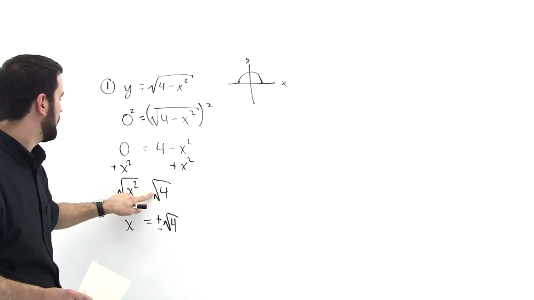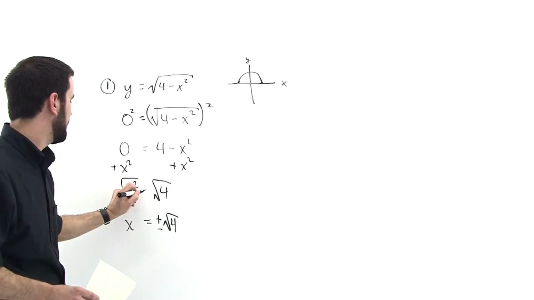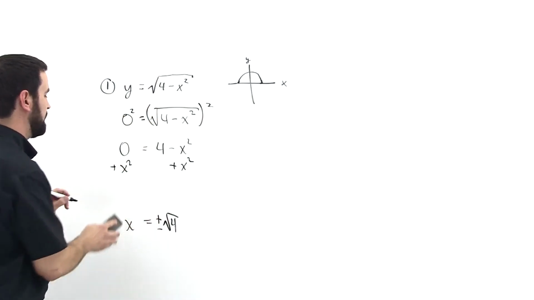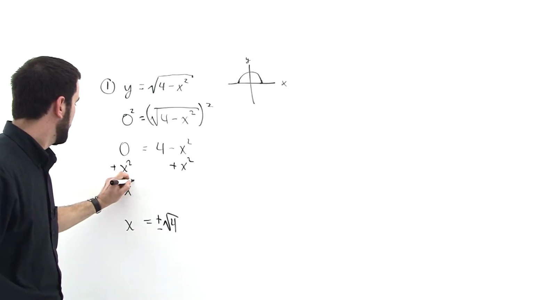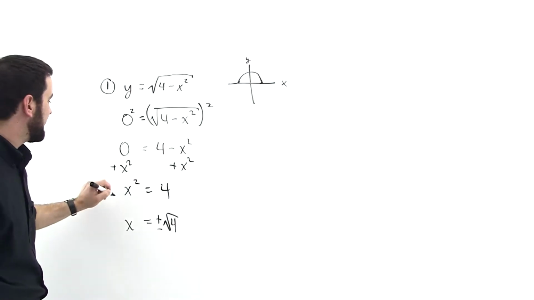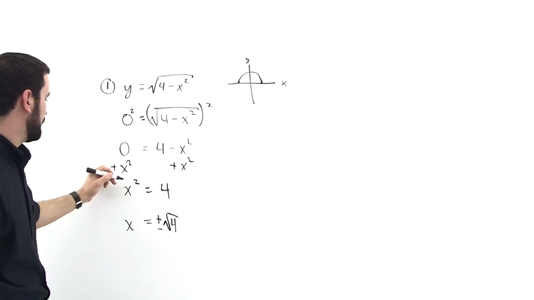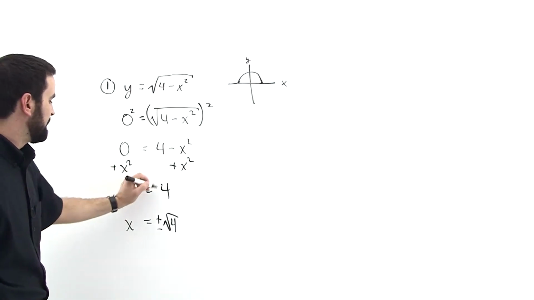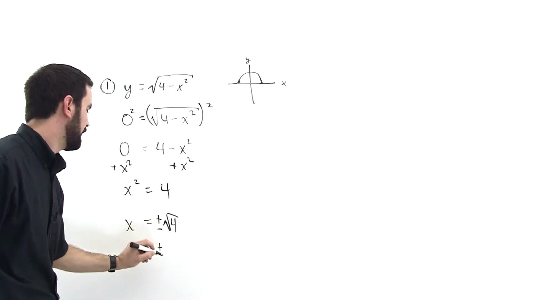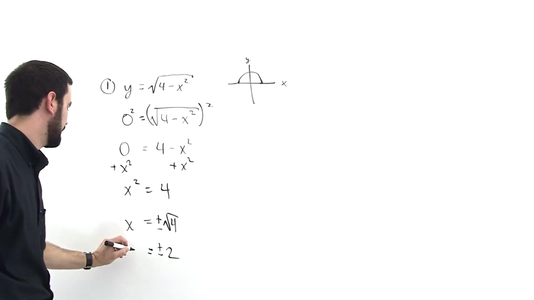Because whenever you take the square root of something, you have to take the plus or minus. I'm going to leave it like this for now. When you take the square root of both sides, the square goes away on the x, and then you end up with the square root of 4 here, and this is equal to plus or minus, square root of 4 is 2, right? Because 2 times 2 equals 4.